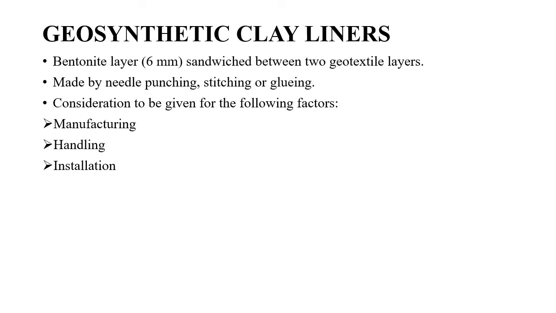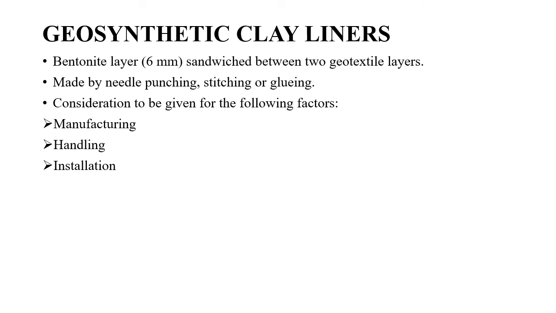Again, these are sheets, so the individual sheets have to be joined or seamed together to act as a single sheet-like material. These things have to be taken care of and properly followed, so that the GCL material can be installed without undergoing any defects, and it can perform effectively and serve the function it is intended to serve, that is being a liner material.